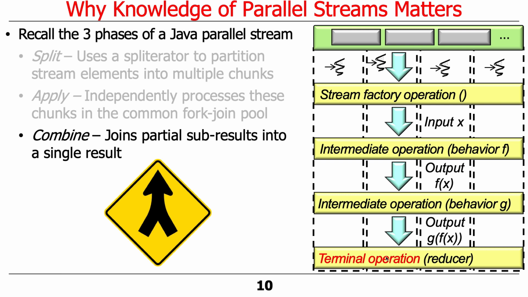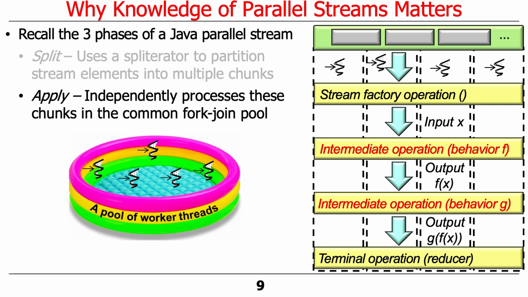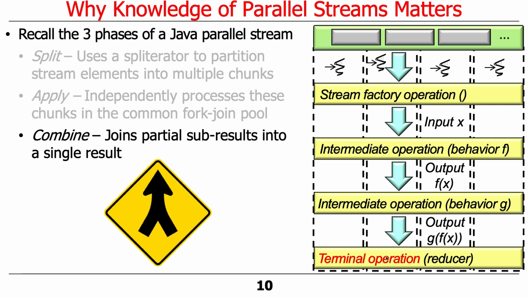Now, there's a couple of different variations here, depending on whether you have a concurrent collector or a non-concurrent collector. And we'll talk a lot more about that as we get further into this discussion. If you have a concurrent collector, then there really is no combine phase per se, because, well, I should rephrase that.